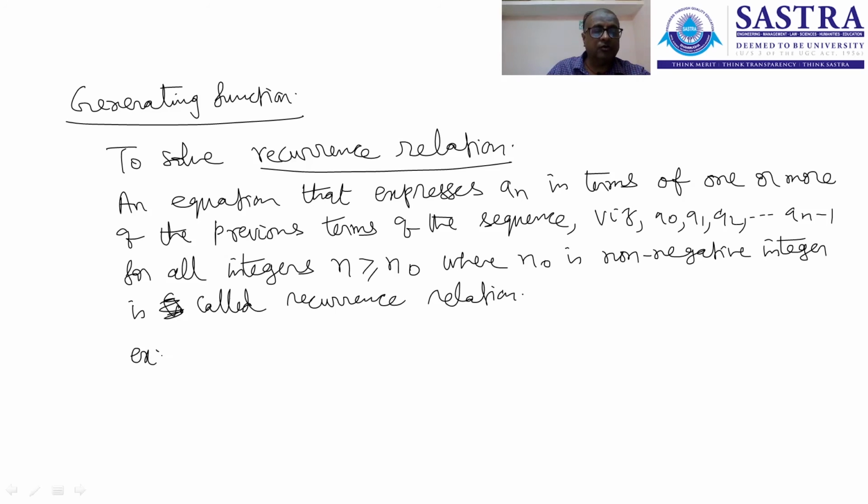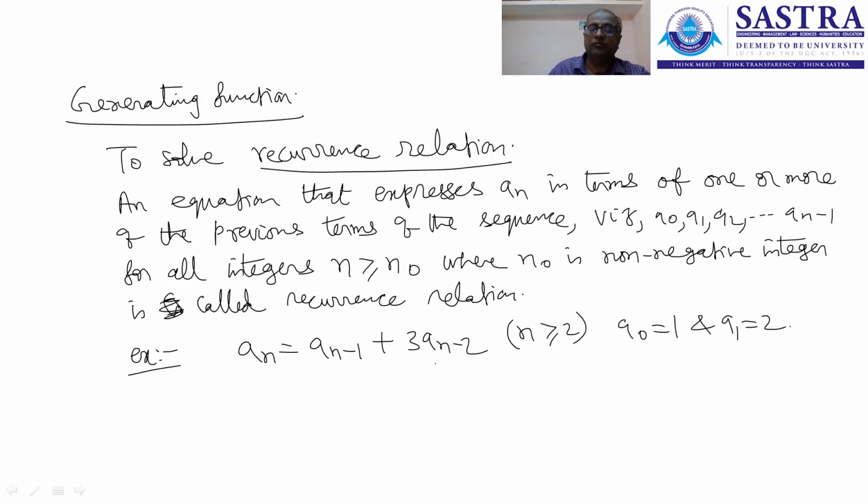Now let me write down an example like this. an is equal to an minus 1 plus 3an minus 2, where n is greater than or equal to 2. a naught would be 1 and a1 would be 2. Now what I do here is I substitute n is equal to 2.